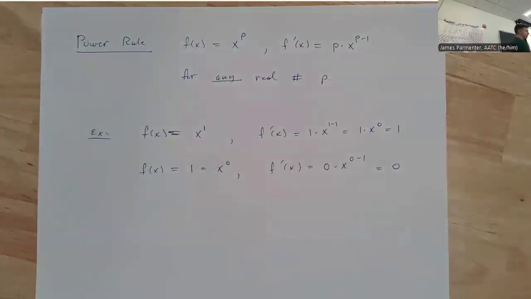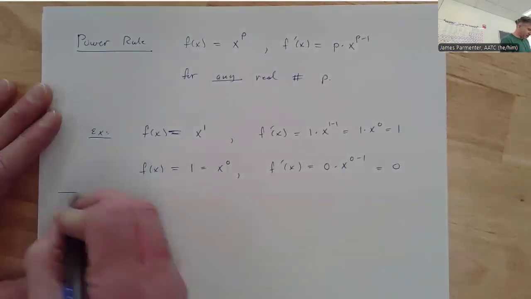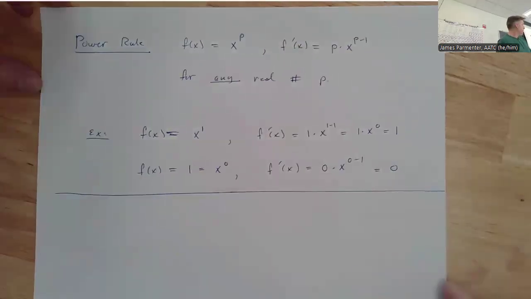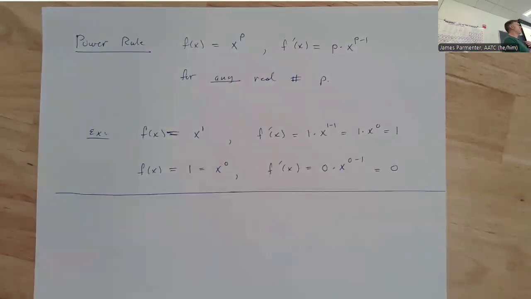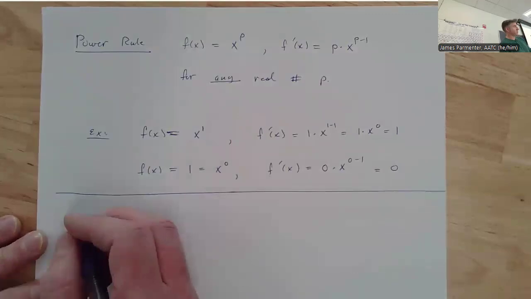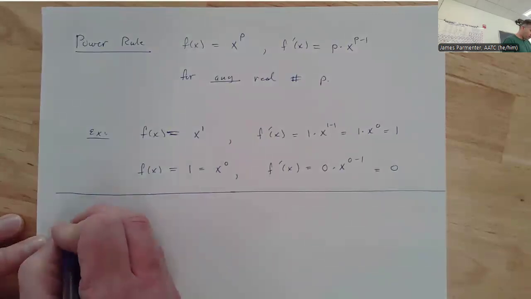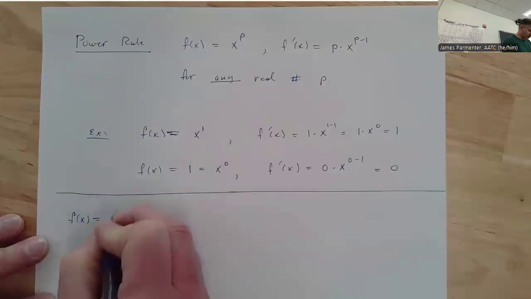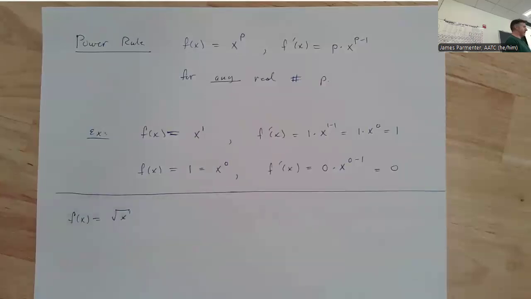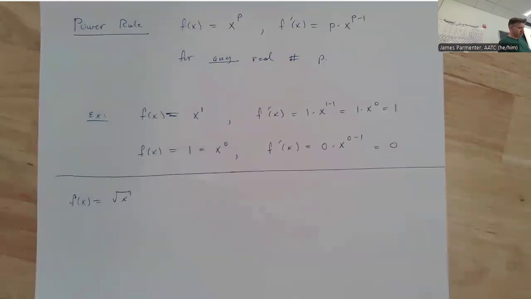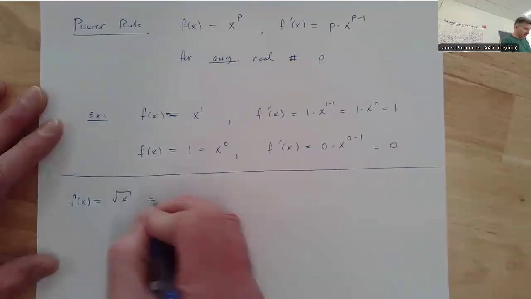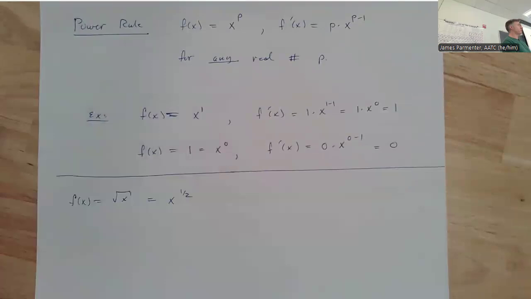So, a couple more things to say about this before we get too crazy. It also is true for powers that aren't integers. For example, for f of x equal to the square root of x, that is a function we can definitely take the derivative of using the power rule, because really the square root of x is x to the 1/2 power.